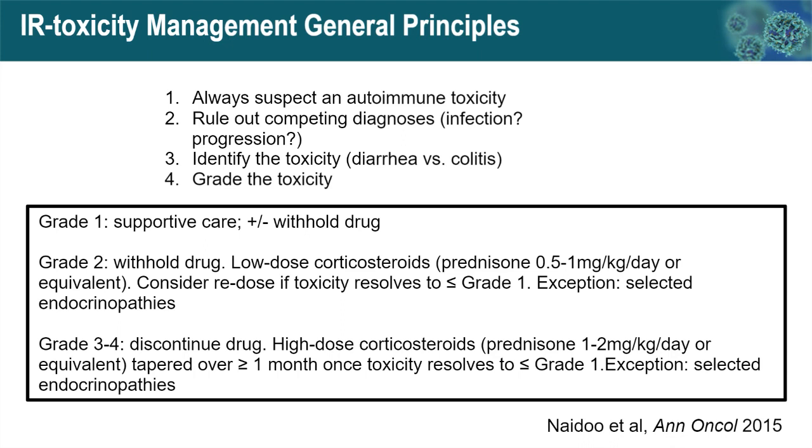In these cases, the offending drug is usually discontinued, and treatment with high-dose corticosteroids, defined as prednisone or methylprednisolone of 1 to 2 milligrams per kilogram per day or the equivalent, is commenced, and usually again tapered over approximately 4 to 6 weeks once the toxicity resolves to grade 1 or less.